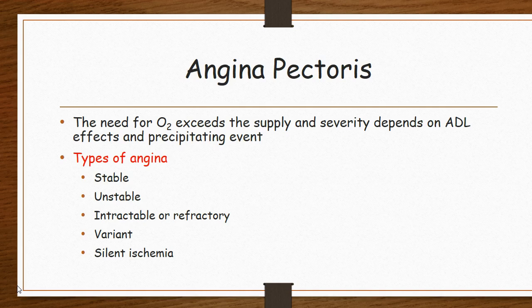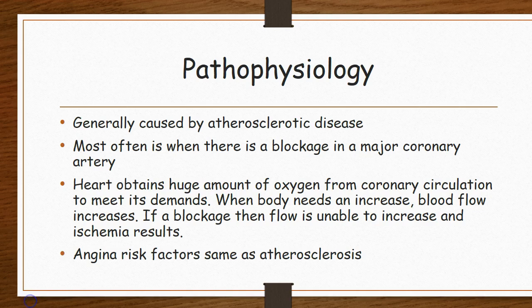It's thought to be caused by coronary artery vasospasm. Again, the patho is pretty much the same thing. So, going to have a blockage in your coronary artery, and you can't get oxygen to your tissues.